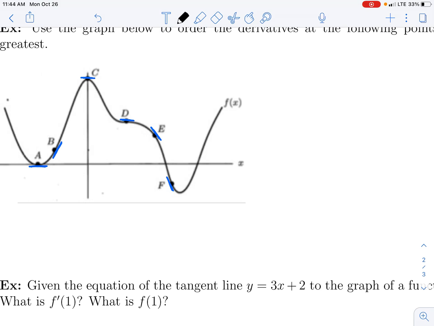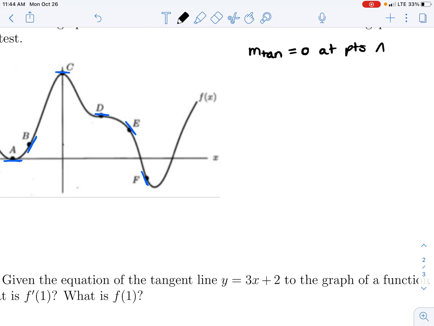And so that means that the slope of the tangent line, which I'm going to denote m tan, is equal to 0 at points A, C, and D, since they have horizontal tangent lines.